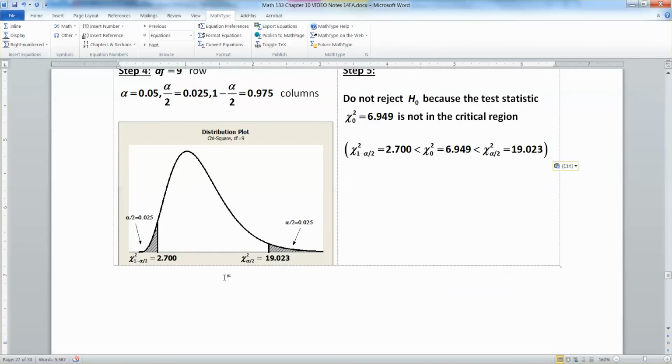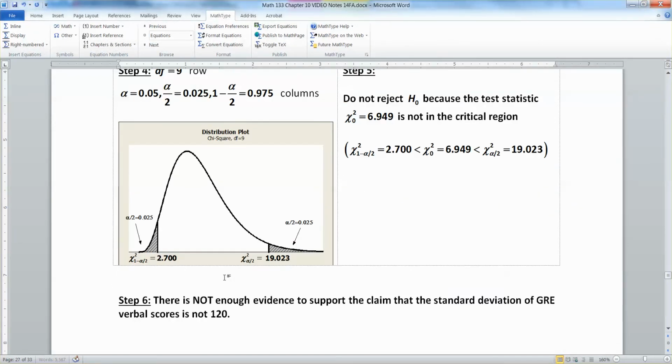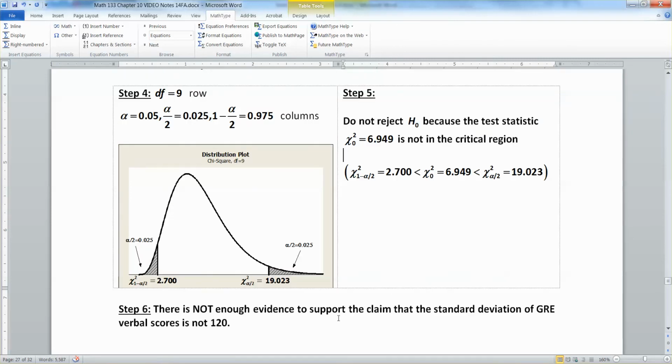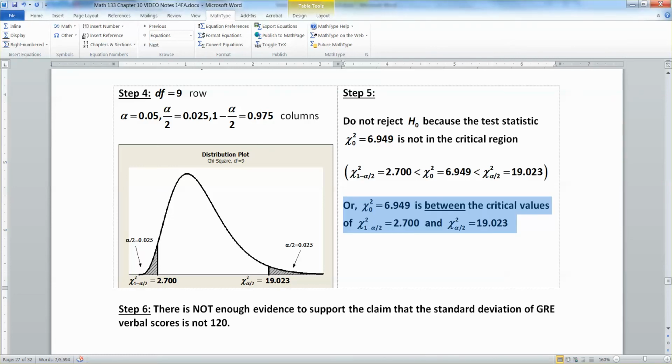That means that there is not enough evidence to support the claim that the standard deviation of GRE verbal scores is not 120. This one's a little bit hard to write up for step 5, so you can talk about it being between the two values, or you can say it's not in the left tail nor in the right tail, which are called the critical regions collectively. Personally, I find it easier just to write that it's between the two, and you could write it that way if you wanted.